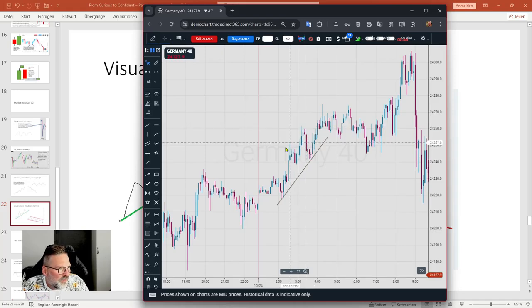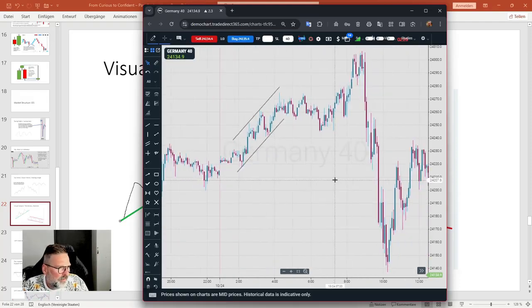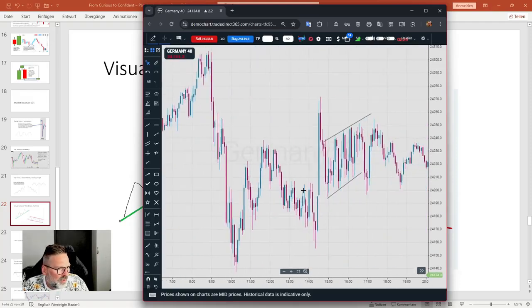Also, if the top here could be connected somewhat in parallel, which they can, in this case that would be a channel. Here also, I drew a channel previously without calling it a channel, or maybe I did.